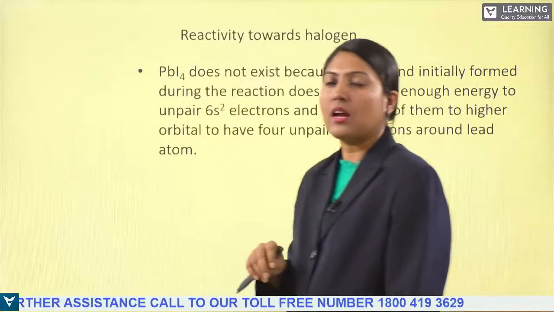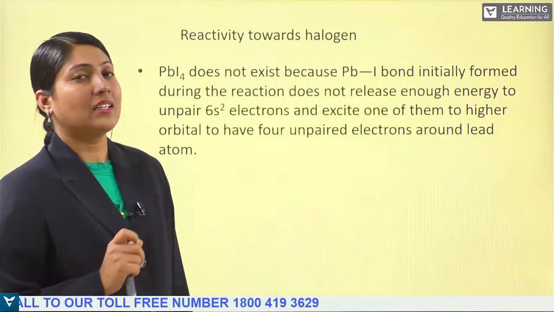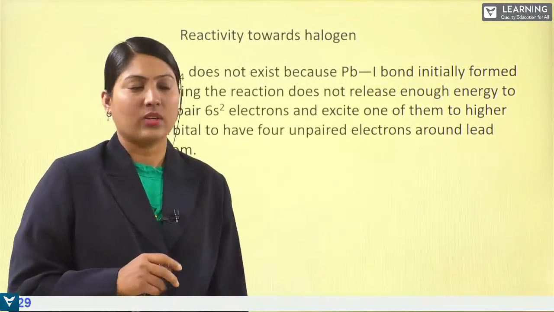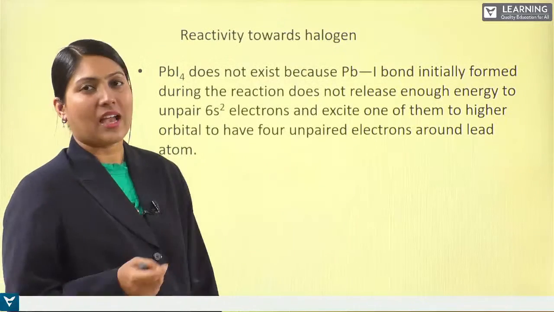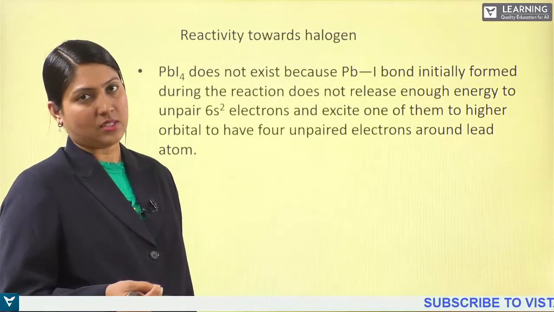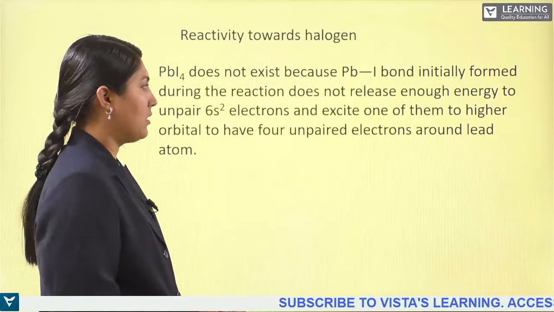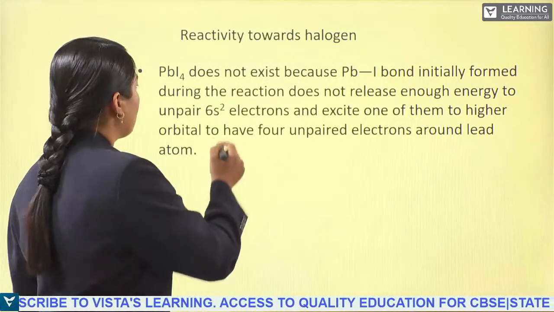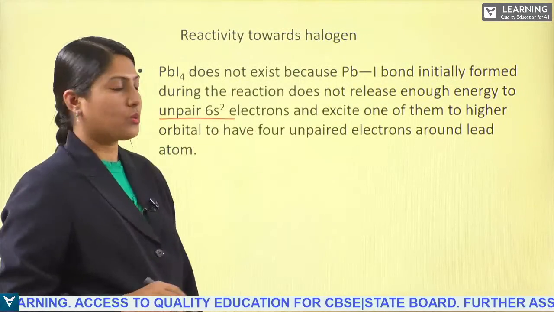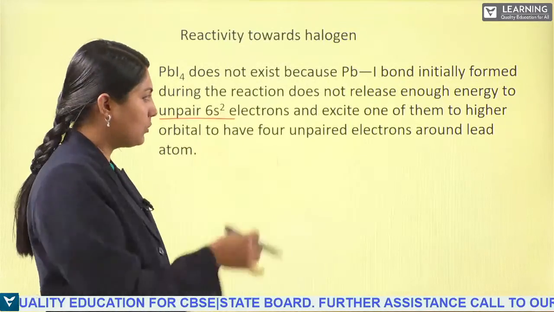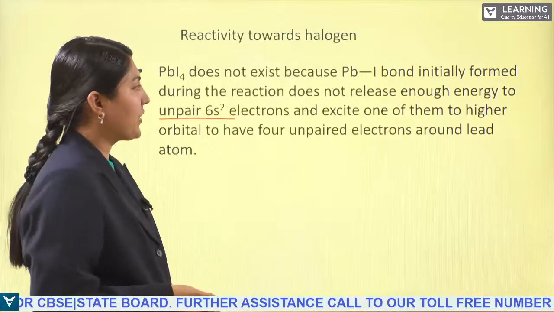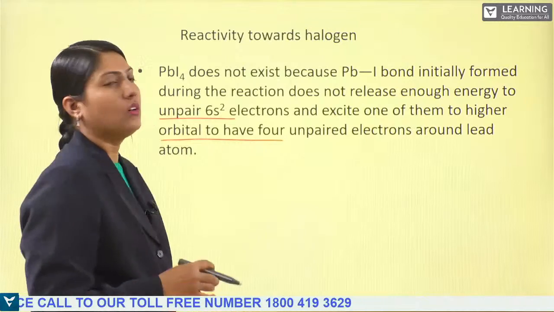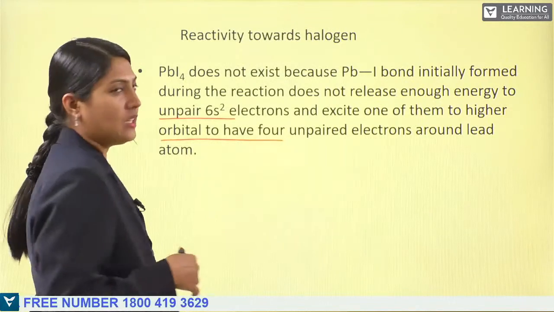Lead tetraiodide does not exist because the lead and iodine bonds initially formed during the reaction do not release enough energy, meaning it is not stable. To unpair the 6s2 electrons, that is the s2 electrons in the outermost shell, is not so easy, and to excite one of them to a higher orbital to form 4 unpaired electrons around the lead is difficult.